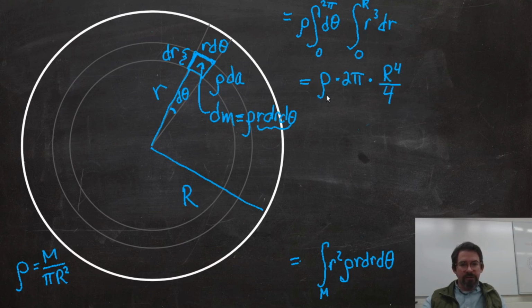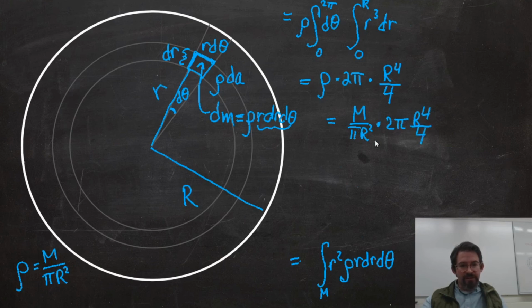And that's the expression. We just need to plug back in our value for the density here. So our total integral is going to be m over pi big R squared times 2 pi times r to the 4th over 4.